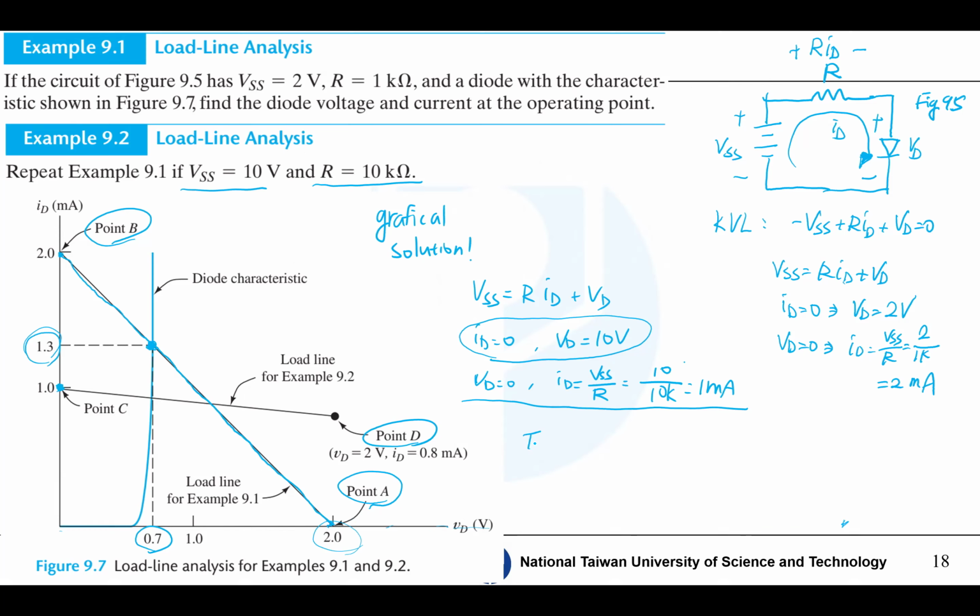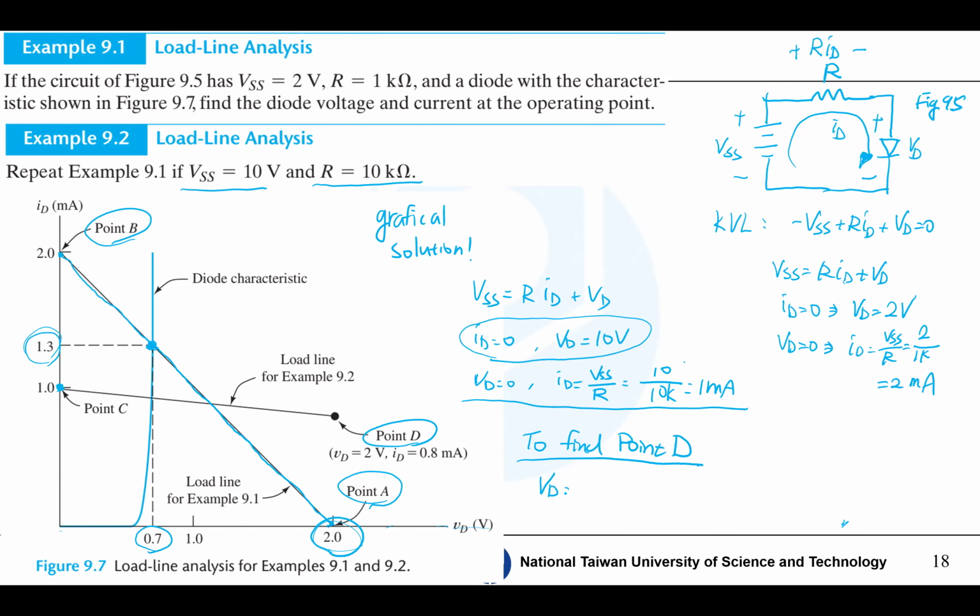To find point D, we say VD is 2 because it is within the scale.